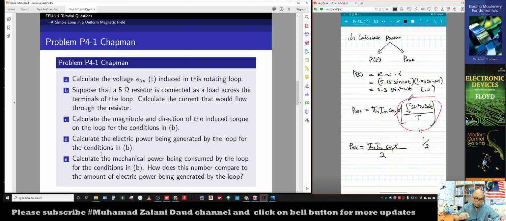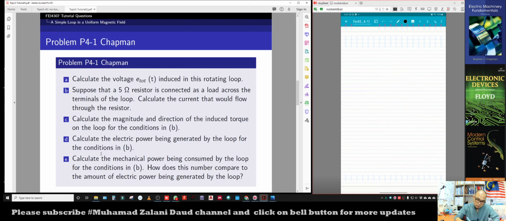If you would like to calculate the average power, you can use P average. We do the integration over t, for all t, right? Let me just show this example. Sin square dt, right?